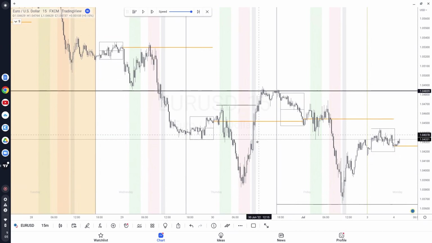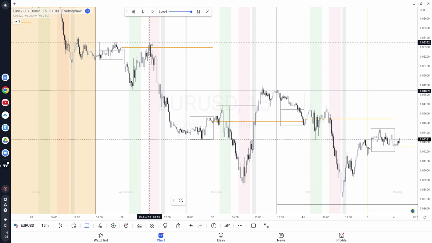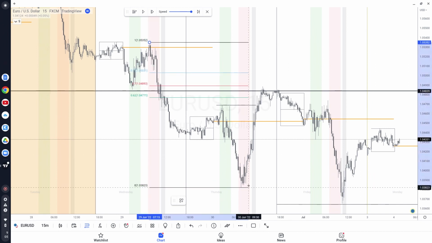And then what we also must understand, so I want you guys to pay attention to this, is all price was doing was engineering buy side liquidity within the discounted portion of this overall range.